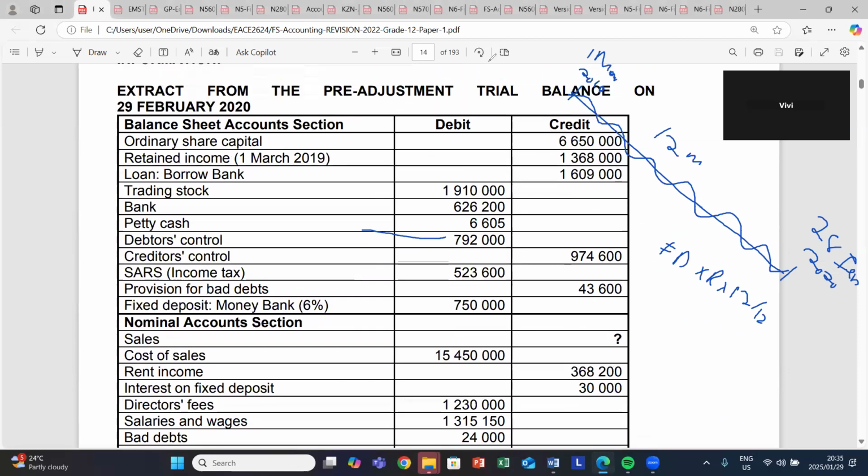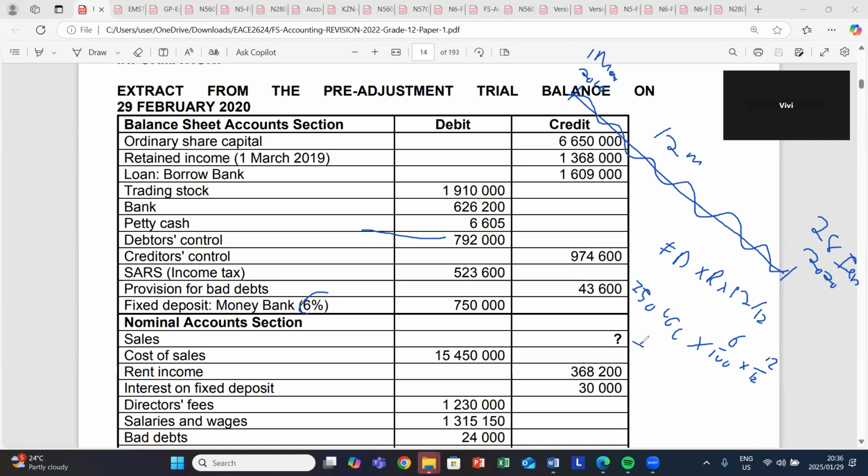Our fixed deposit is 750,000. Therefore, we'll say 750,000 multiplied by our rate. How much is your rate? It's 6%, so multiply by 6 over 100, multiplied by 12 over 12.